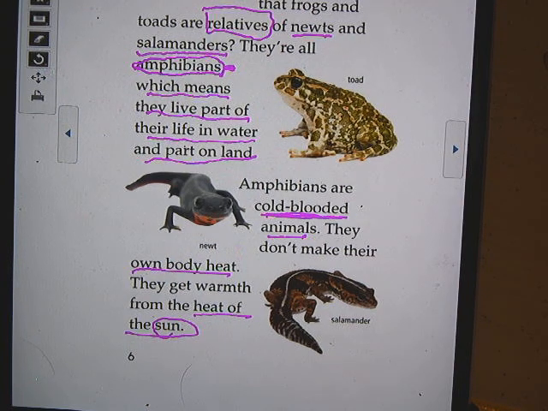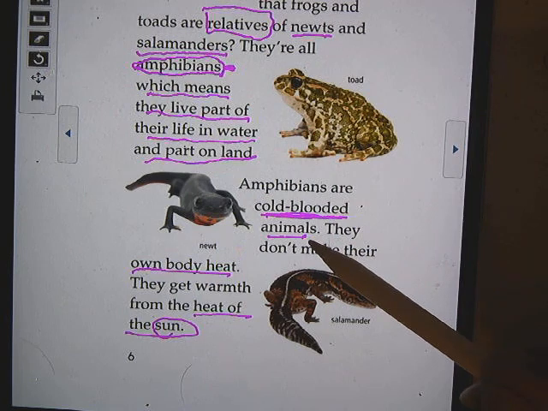So think about that. Think about how cold it is today. What if we had to rely on the heat of the sun to warm our bodies? Would we be living in Ohio? And if we were, would we be active? Would we be moving? It's pretty cold out.